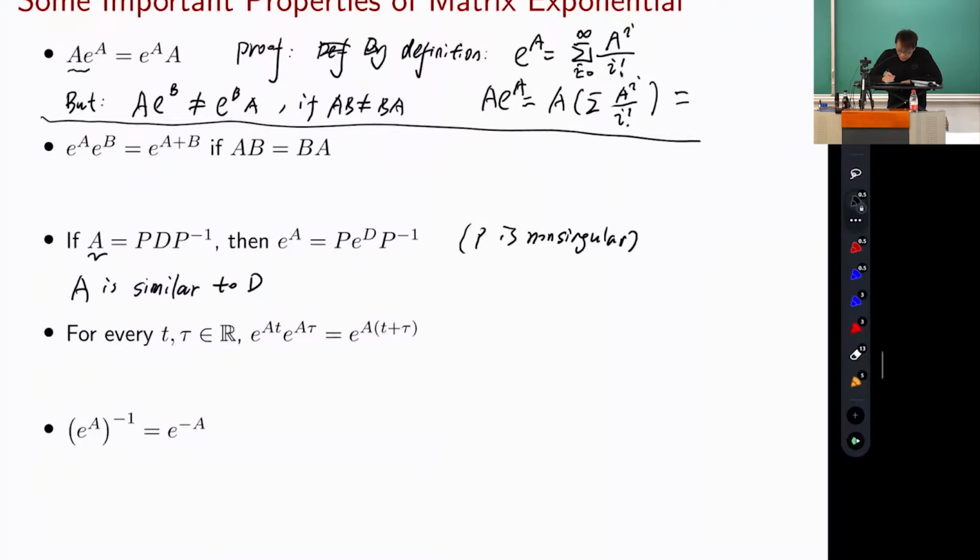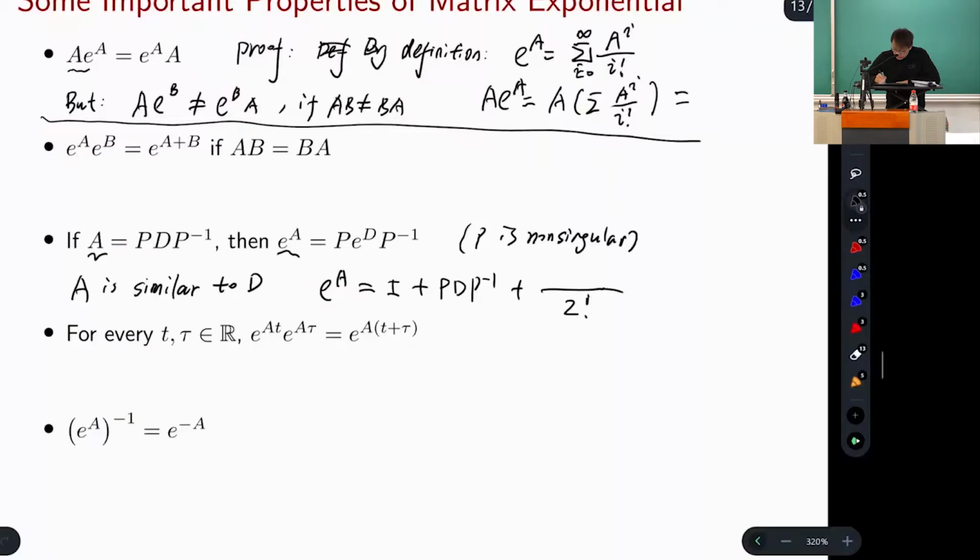In this case, let's just calculate e to the A. Then we have, first of all, identity. The second one is A, which is P, D, P inverse. The third term is A squared over 2 factorial. A squared is P, D, P inverse times P, D, P inverse, and dot, dot, dot.